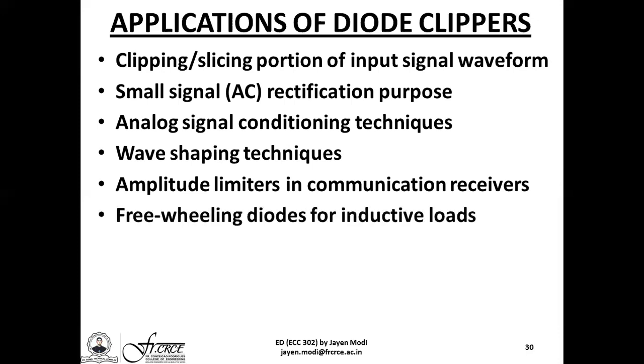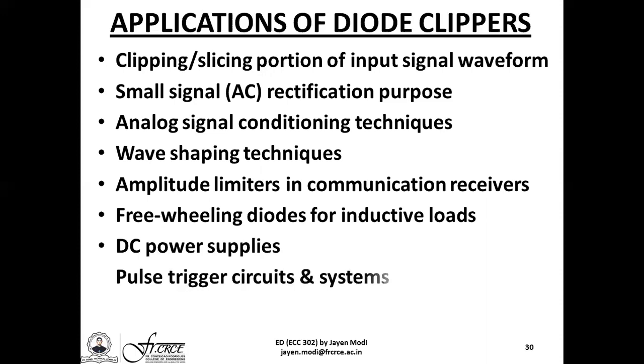They are used as freewheeling diodes for inductive loads, wherein the energy stored in the inductive load needs to be dissipated through the freewheeling action of the PN junction diode. They are used in DC power supplies to prevent spikes. They are used in pulse trigger circuits and systems, and they are also used in waveform generators.